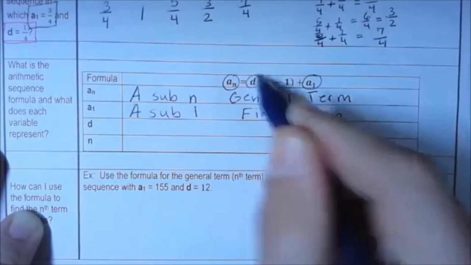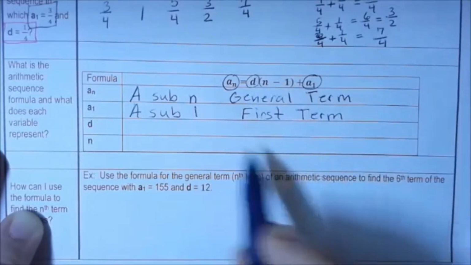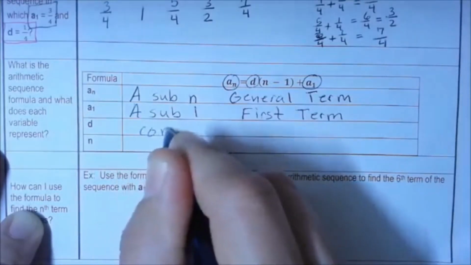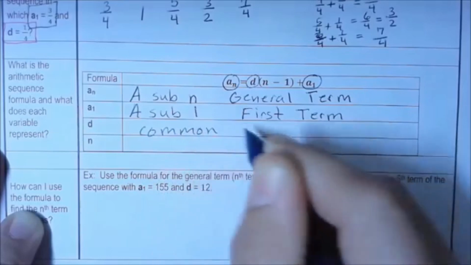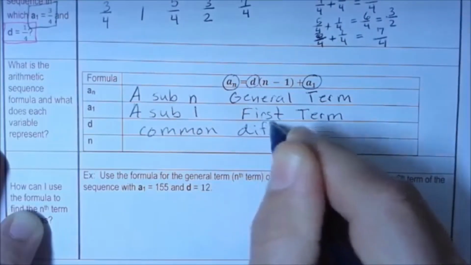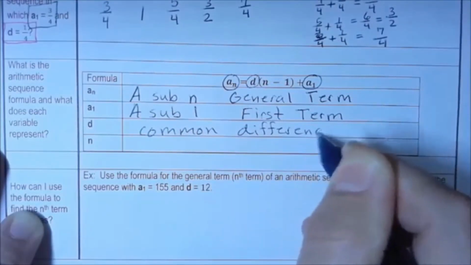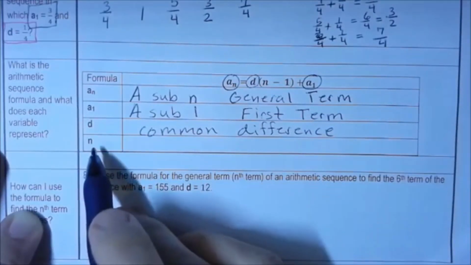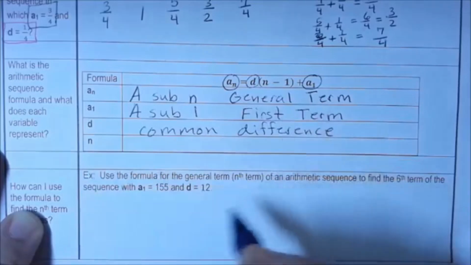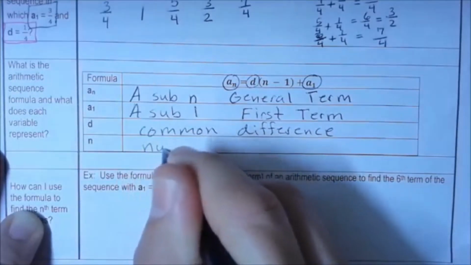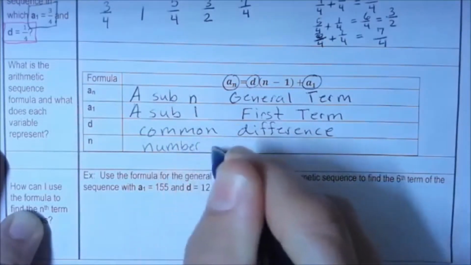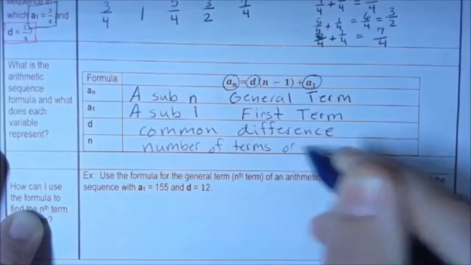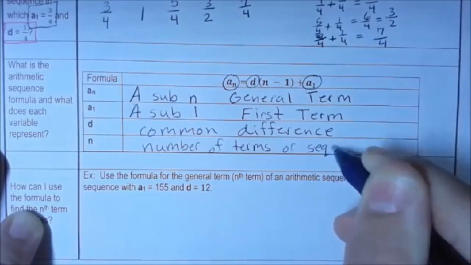It's right here at the beginning of the formula, being multiplied to the n minus 1, and that represents the common difference. That's just the amount that's added or subtracted each time. Then we have n, and n just represents the number of terms, or sometimes we call it the sequence.